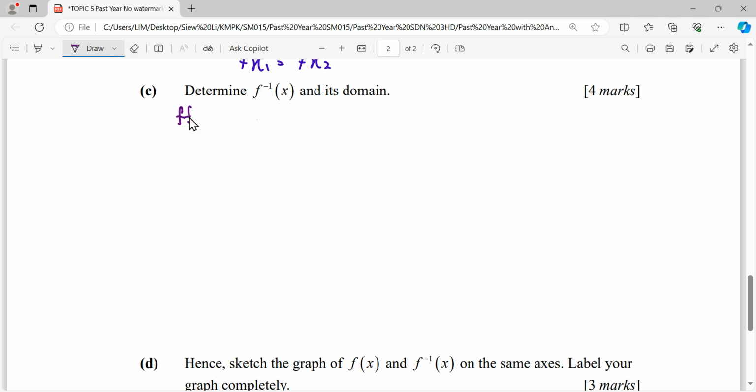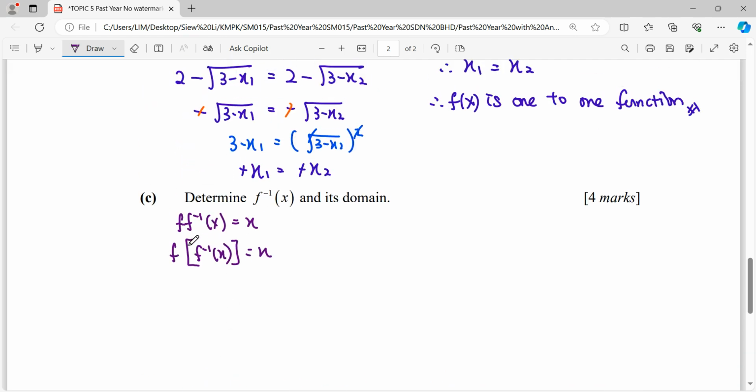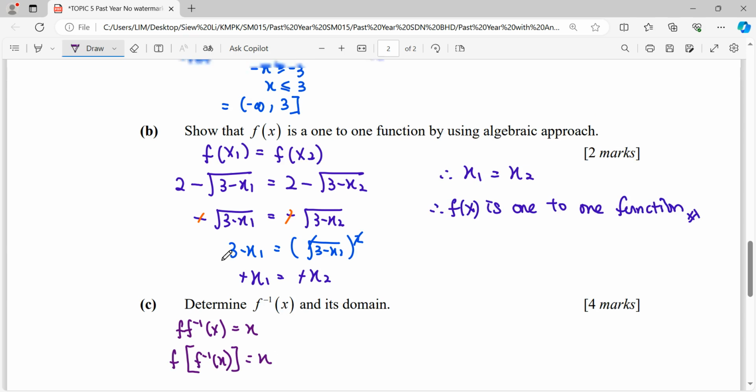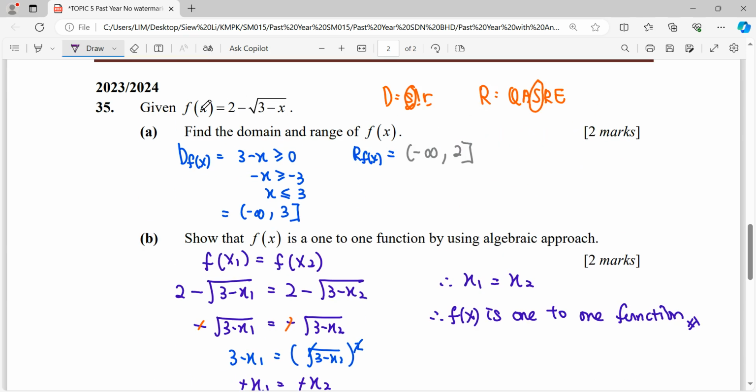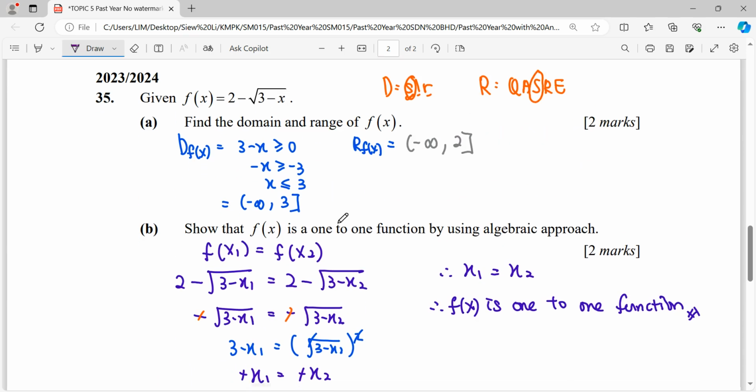So this is our composite method. So substitute f inverse into the function. The term x in the function will be represented by f inverse.